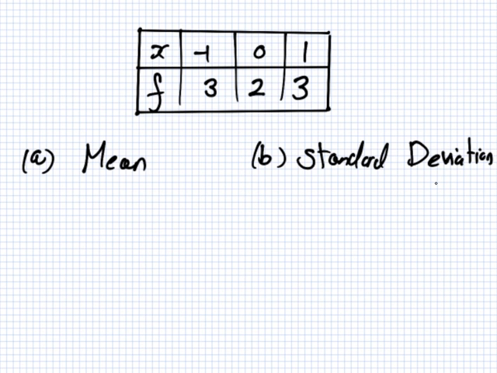So the formula you're using is going to look something like this. Sum the frequency times the data over total frequency. Isn't it like minus 1 times 3 plus 0 times 2 plus 1 times 3 all over? Yes, which is 3 plus 2 plus 3. The mean is minus 1 plus minus 1 plus minus 1 plus.